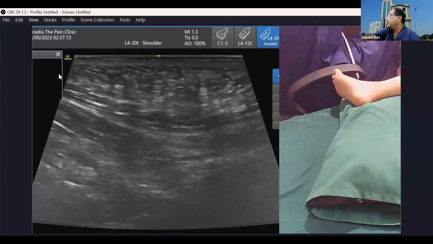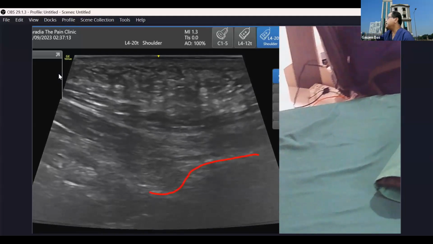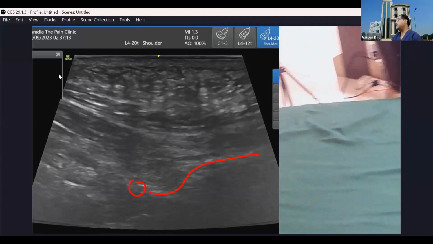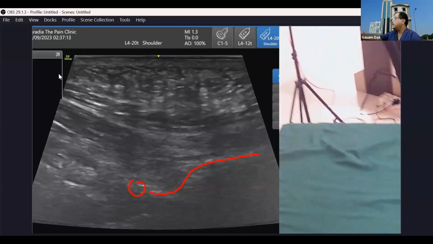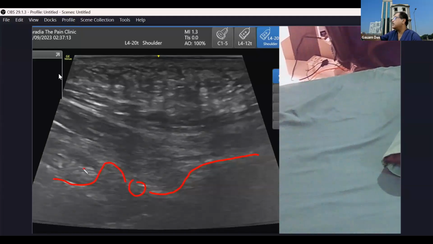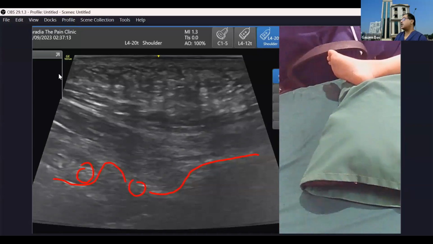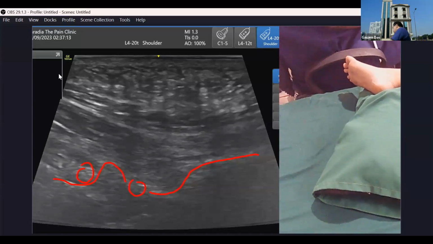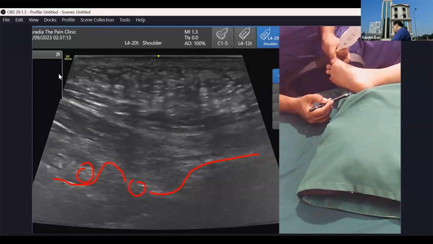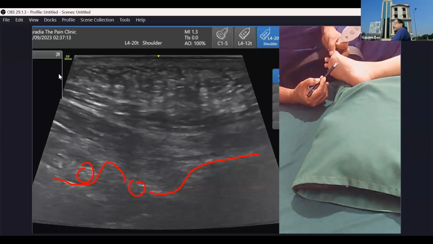If we go here, let me fix it here. You can see the calcaneum taking a dip, and there is a break. This is your calcaneocuboid joint, and then the cuboid is like this. Here you can see one tendon. What is that tendon? This is your peroneus longus tendon. As I told, the peroneus longus tendon comes like this and gets attached to the base of the great toe.